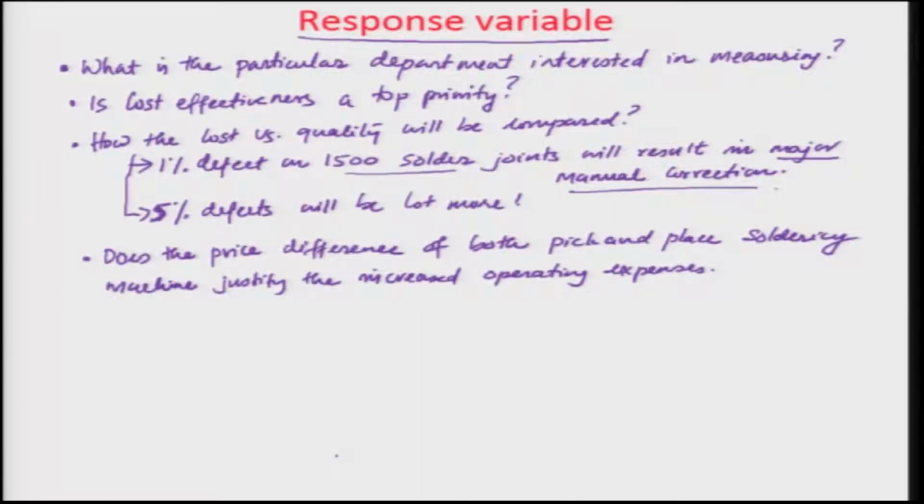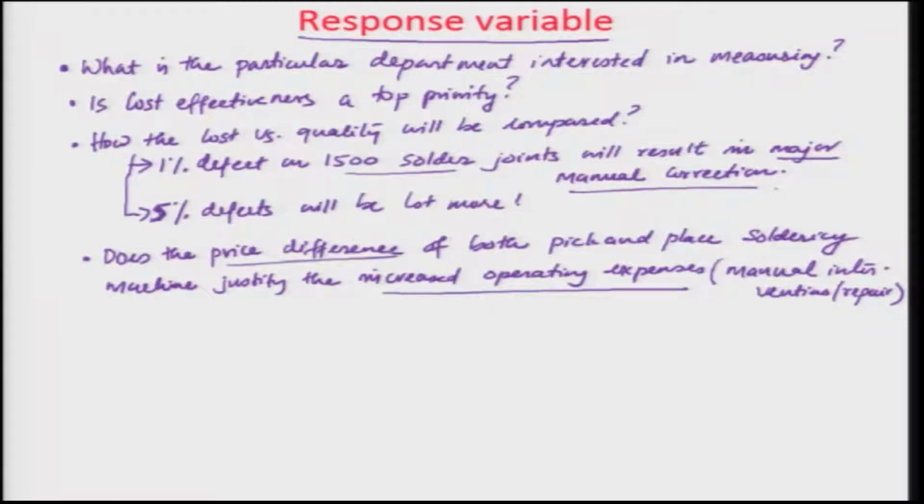And where are the operating expenses coming from? Manual interventions, or manual repair, or repair of the solder. By paying that much more money to an individual, is this justified? Does this increase in operating expenses justify the price difference between these two machines? So, there are many questions that you can come up with, and from there you can decide what is going to be the response variable.